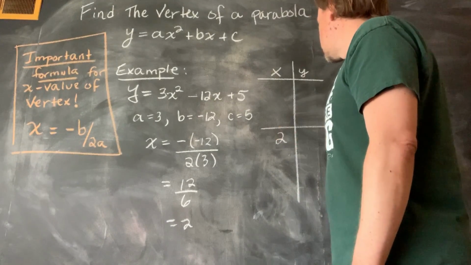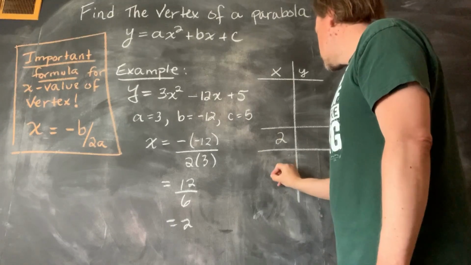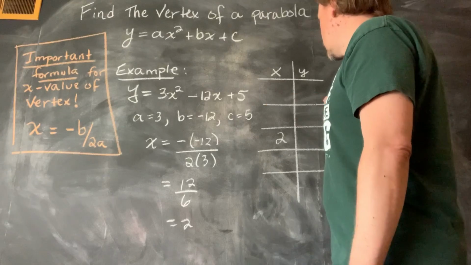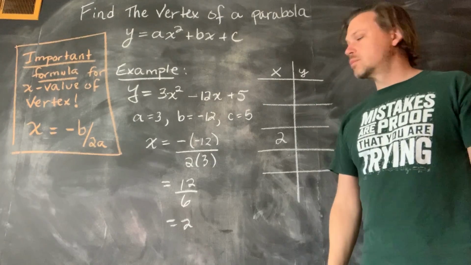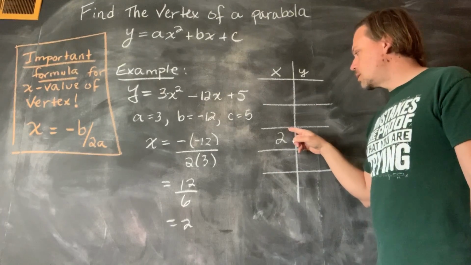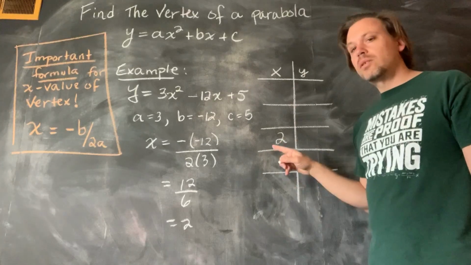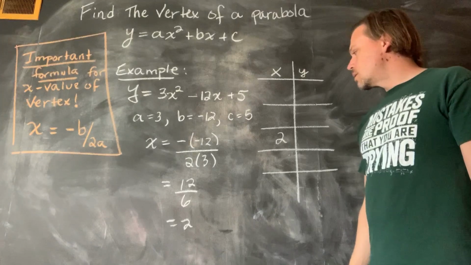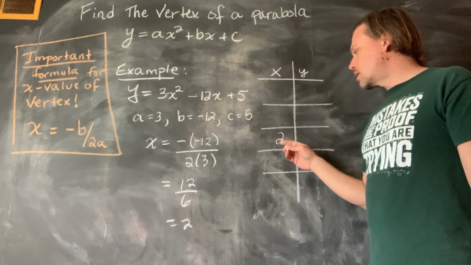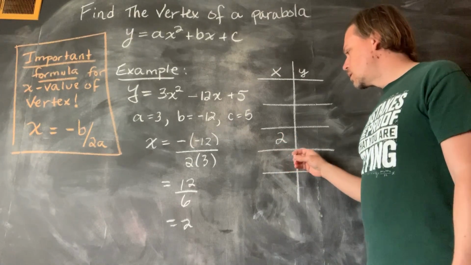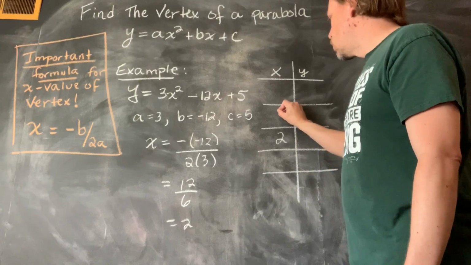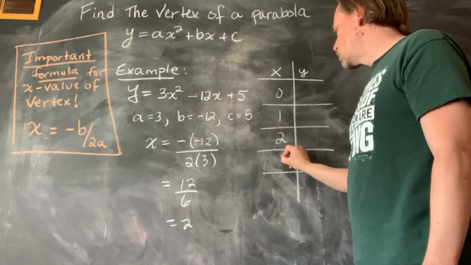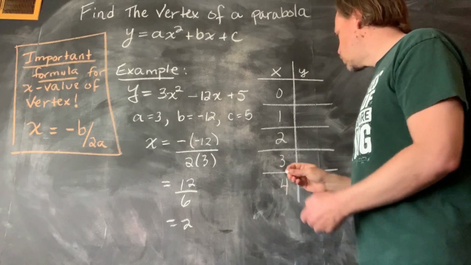This is important. I'm going to do kind of what I was doing in the other videos, and I'm going to graph 5 points. I'm going to start with 2 in the middle, and I'm going to pick 2 numbers that are before 2 and 2 numbers after 2. So the x values I'm going to use are going to be 1 and 0 here, and then after 2, 3 and 4.